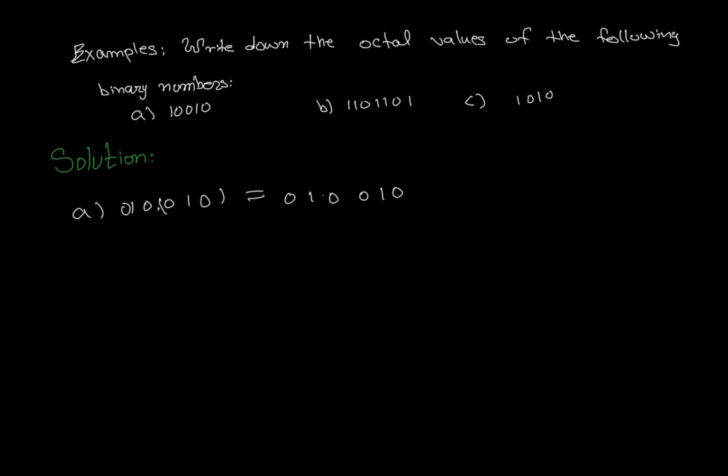Now, since we have 3 and 3 numbers there, we can separate and assign the value. So this number and this number. So 0 1 0 is base 2 binary. It's equal to, if you look in that table, 2 base 8, and 0 1 0 will still give you 2 base 8.